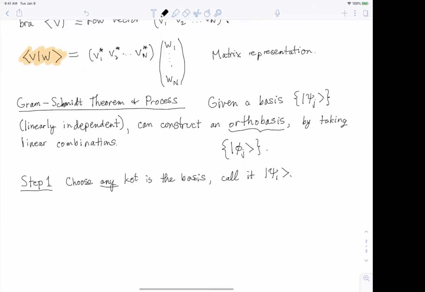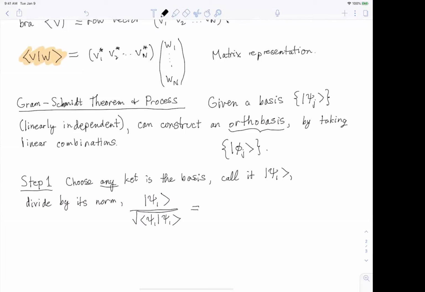Okay, and then you divide by its length, otherwise known as its norm. And so that's psi 1 divided by the square root of the inner product of psi 1 with itself.